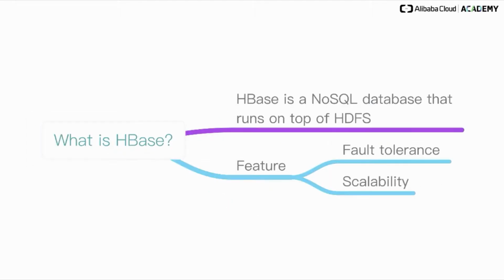HBase is a NoSQL database that runs on top of HDFS. It is an open-source Apache project. This project aims to design a system that can host very large tables with billions of rows and millions of columns.